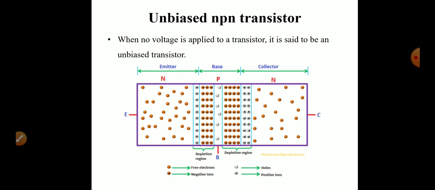So these charge carriers move from higher concentration to lower concentration, meaning electrons move from emitter to base and holes move from base to emitter. Due to this movement of charge carriers, recombination occurs at the emitter base region, and recombination also happens in the base collector region.